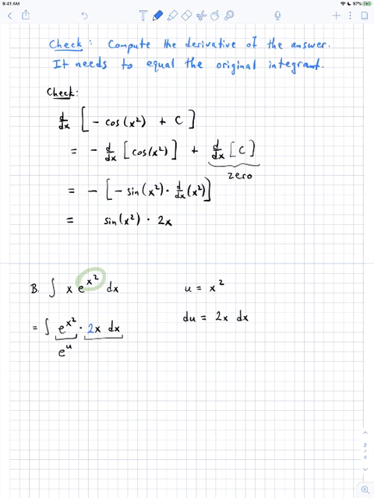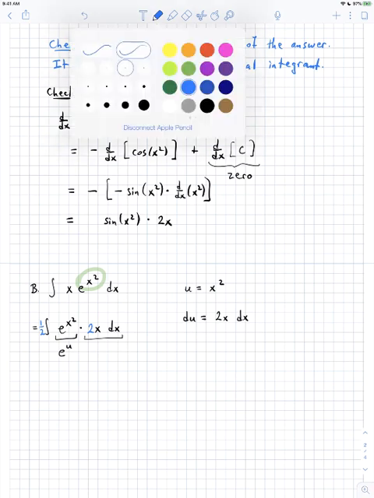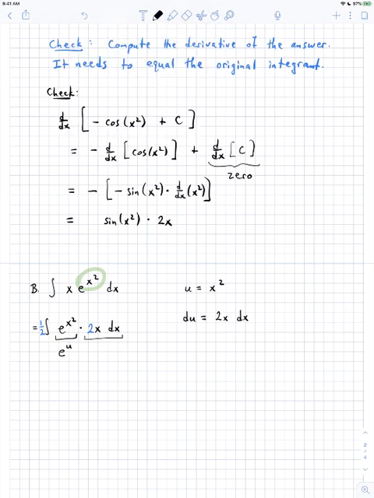But that's okay, because if I put a little 1/2 in front of this indefinite integral, then I've multiplied by 2 to get double, but then I divided by 2 to get back to what we started. So what do we end up with here? We have 1/2 times the integral of e to the x squared times 2x dx.